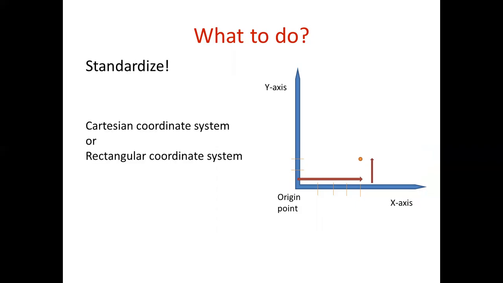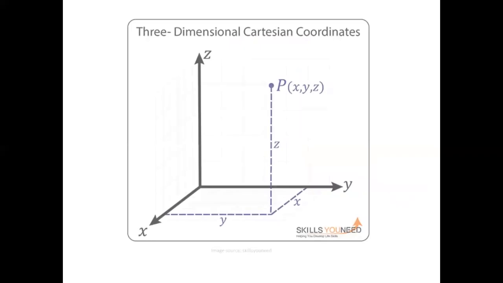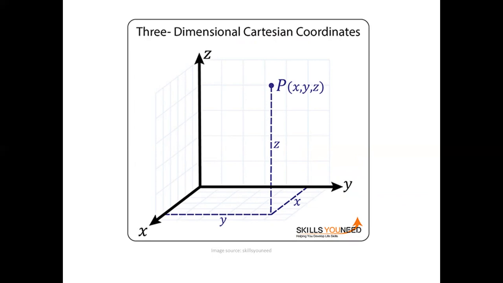The system I'm using here to give these standardized instructions is the Cartesian coordinate system, also known as the rectangular coordinate system, in 2 dimensions. I'm referring to the 2 dimensions in this diagram. But we can also go in 3 dimensions. We can use x-axis, y-axis, and another axis that is perpendicular to these. I name it the z-axis.